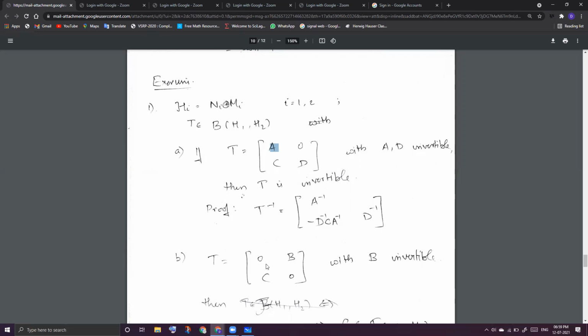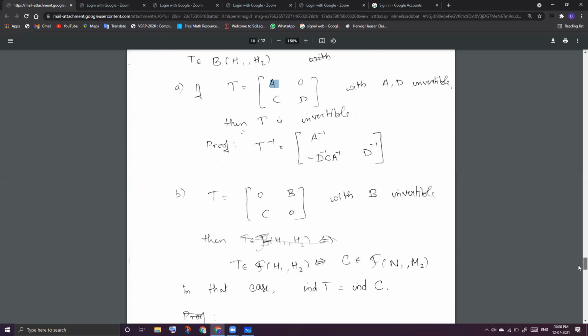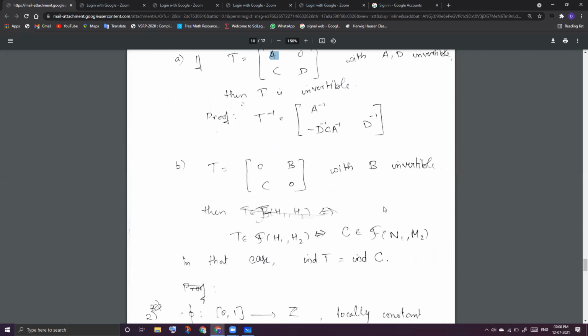For this one, this is similar to the result I did before. So instead of the diagonal elements, if T is of the form 0 B, C 0 with B being invertible, then T being Fredholm is equivalent to saying that C is Fredholm.